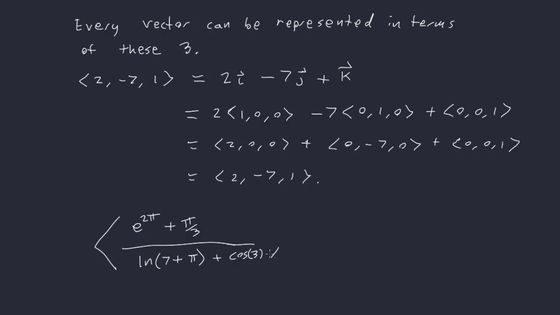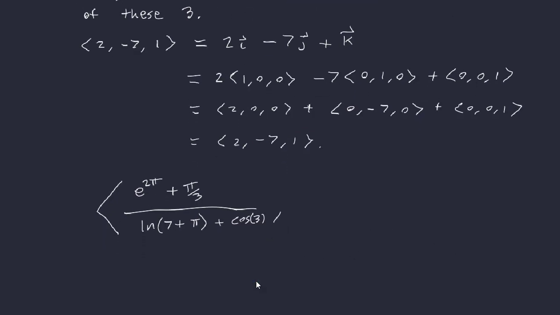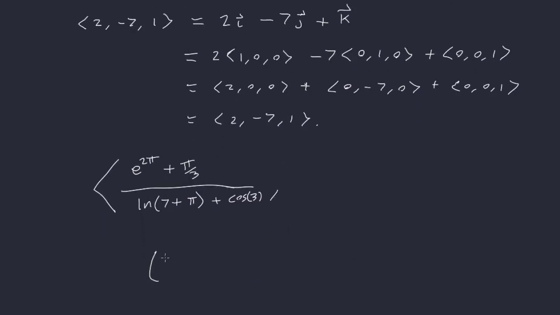versus I could just do, it might not look much better, but we could do e to the 2 pi plus pi over 3 all over ln of 7 plus pi plus cosine 3. But what we can do instead is just throw an i in here and then do plus whatever the next component is.